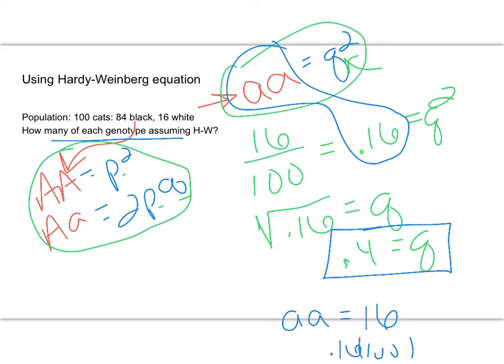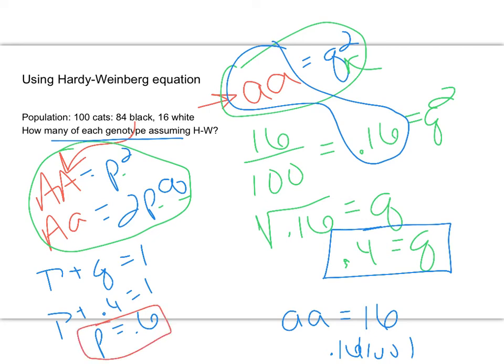So if I use that other equation, p plus q equals 1, I can just solve for p, right? p plus 0.4 equals 1, so p equals 0.6. So now I know the frequency of the dominant allele. Okay, so the frequency of the dominant allele is 0.6.